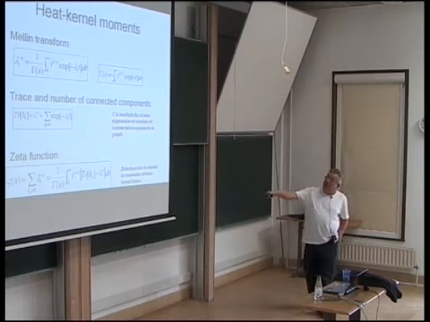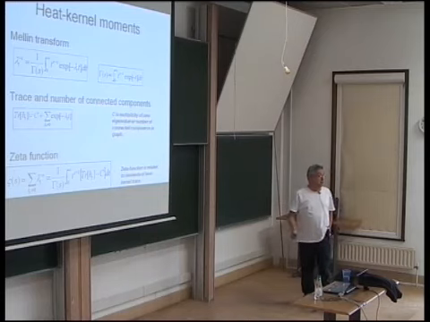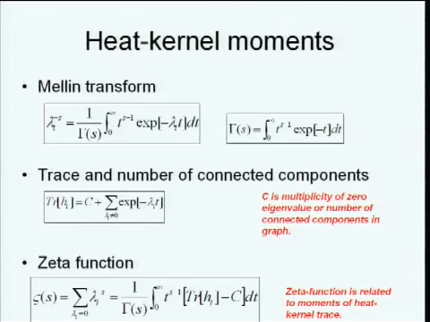Now, what does the trace of the heat kernel mean? Well, it's just the number of connected components in the graph, the number of times I get a 0 eigenvalue, plus the sum of the non-zero eigenvalues, e to the minus lambda t. So now if I sum this expression over all possible lambdas, then the relationship between the zeta function and the heat kernel trace becomes clear.